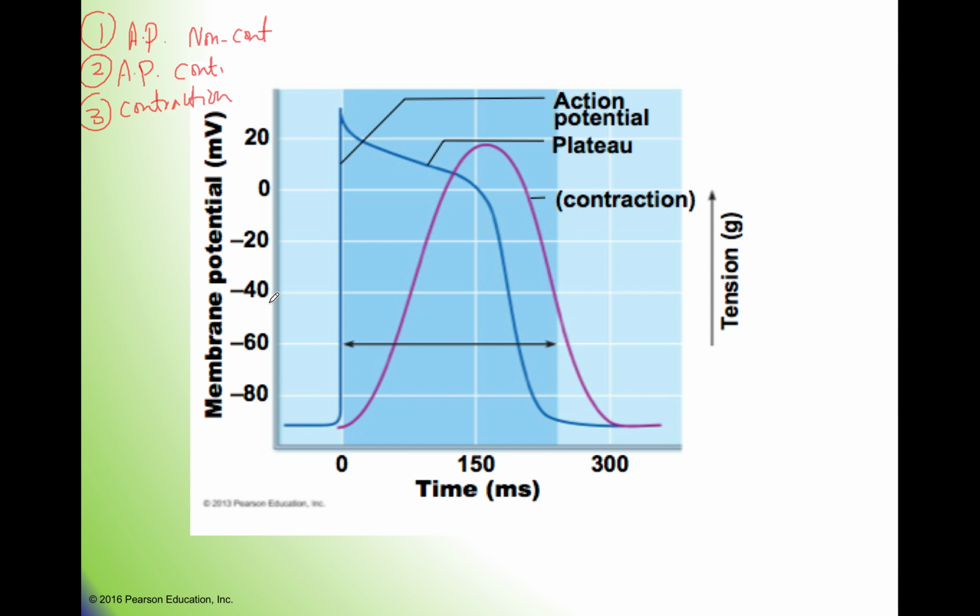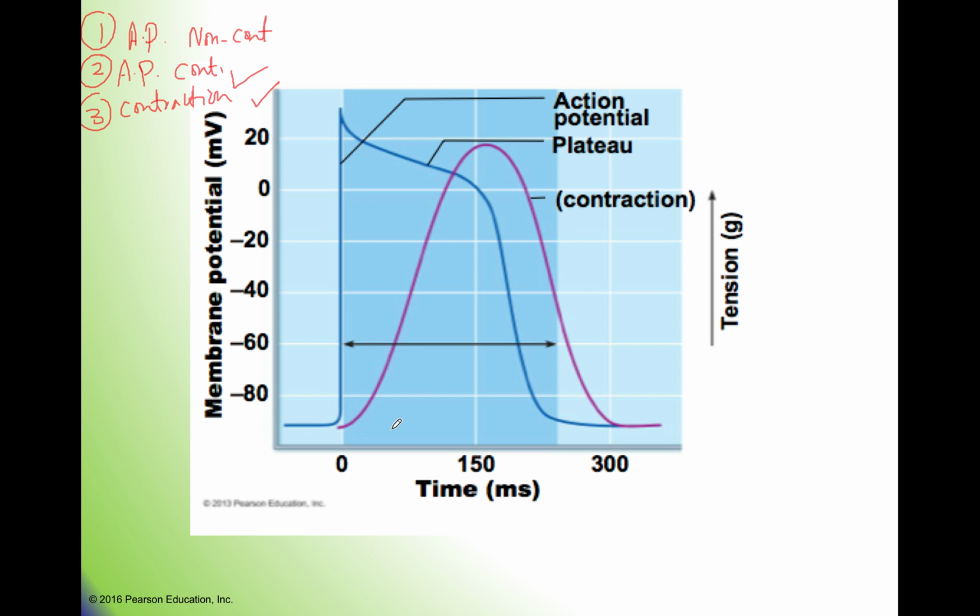In this picture, what we're focusing on is the action potential of the contractile cells in the blue line, which shows resting, depolarization, plateau, and then repolarization. You can also see the contractile phase of the cardiac muscle.